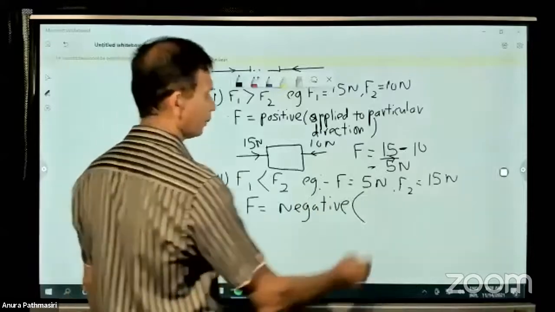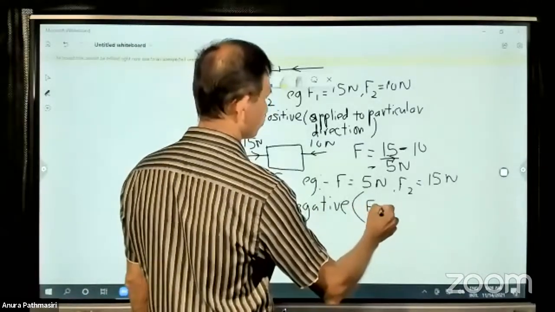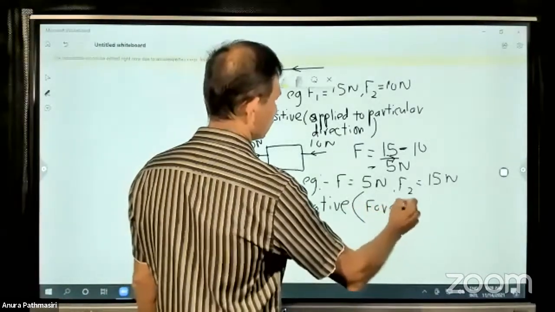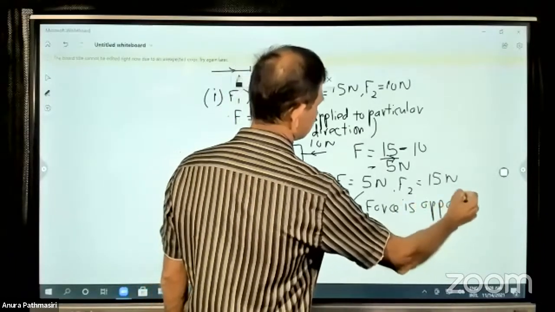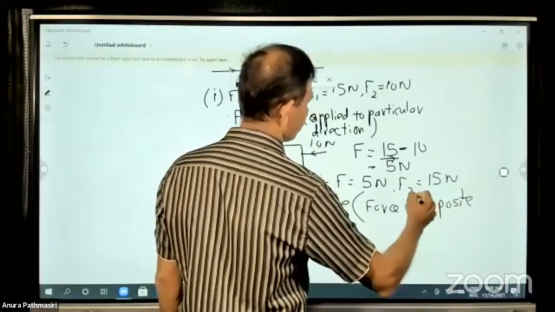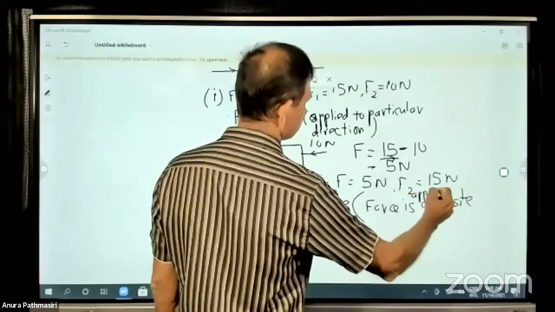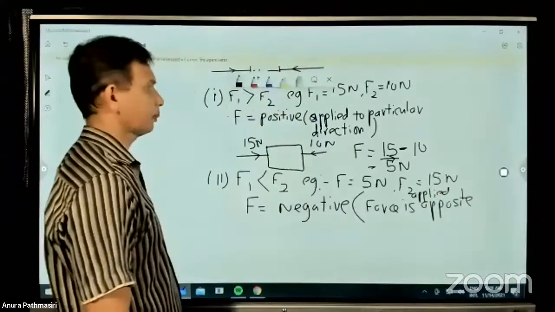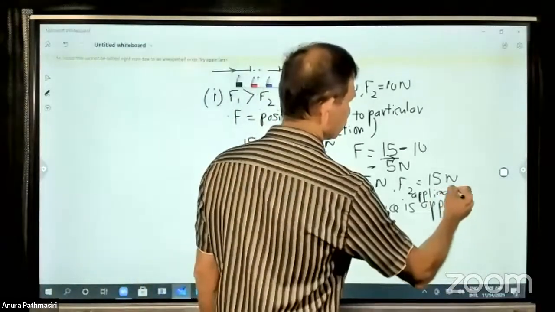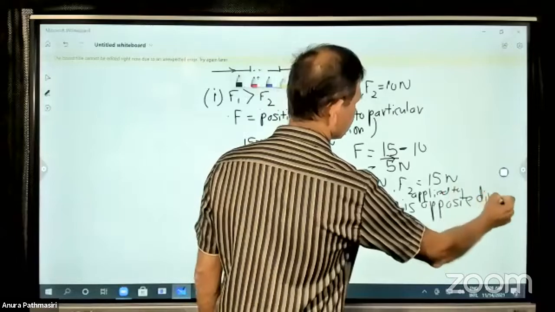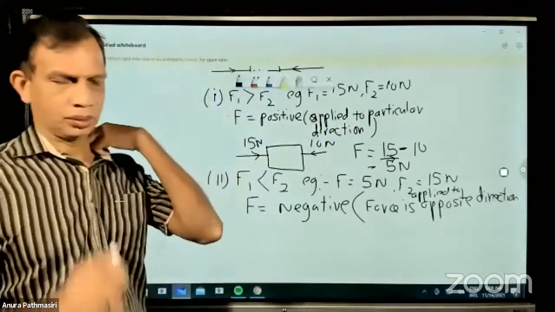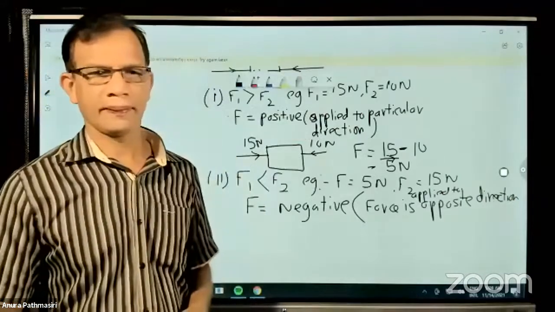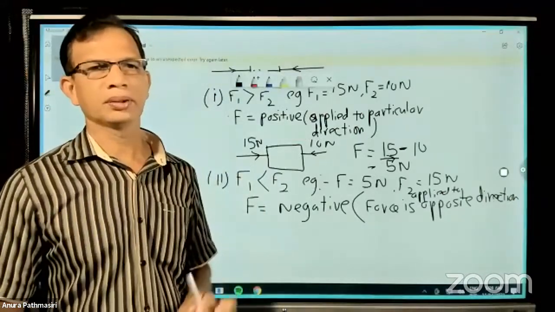Negative means the force is applied to the opposite direction.